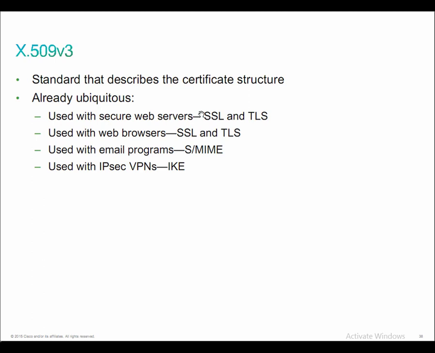The X.509 specification is basically a well-known standard which defines the basic public key infrastructure format. What does a certificate look like? What does a certificate revocation list look like? How is that formatted?